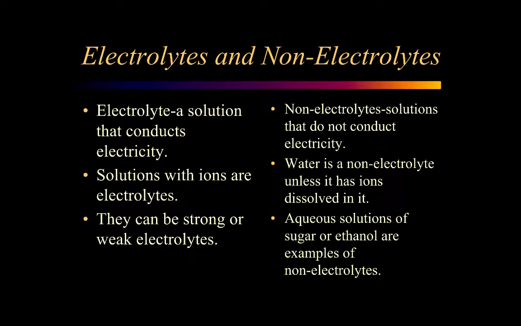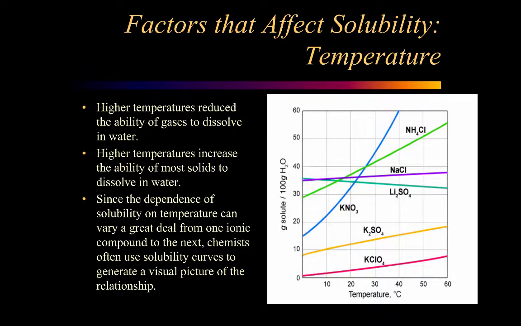Water is considered a non-electrolyte because it does not have any ions in it. It's important to understand that in order for a solution to be an electrolyte, or to be able to conduct electricity, it has to have ions in solution.